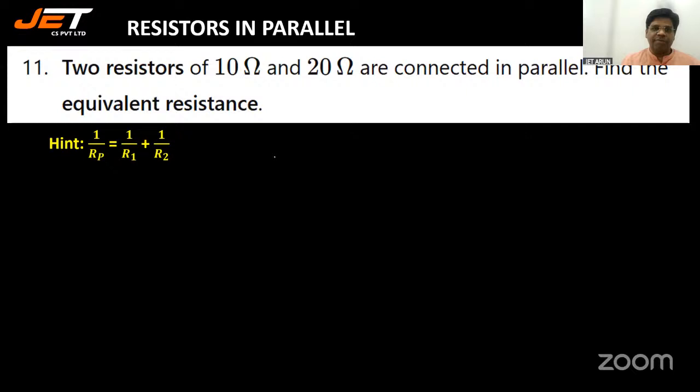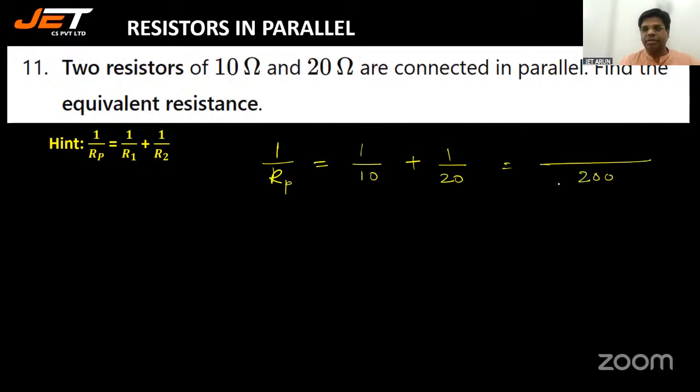I'll just solve this. I've got 1 by R effective, R parallel is equal to 1 by 10 plus 1 by 20, which is equal to, if I take LCM here, say 200, I'll write this as 20 plus 10, which is nothing but 30 by 200. This is 1 by RP.